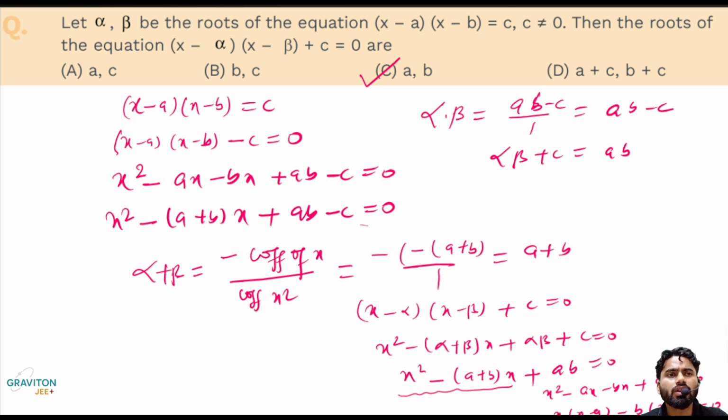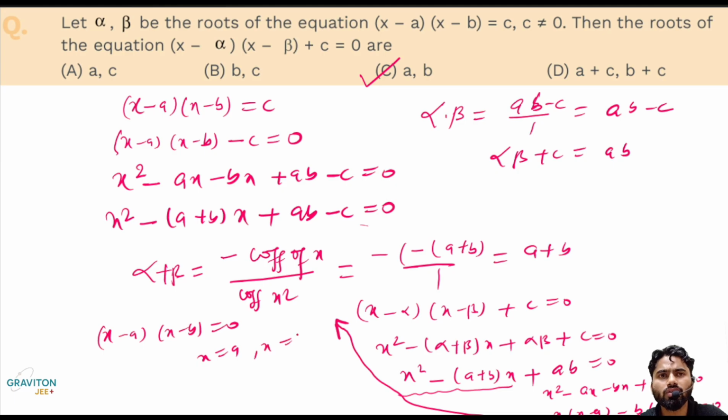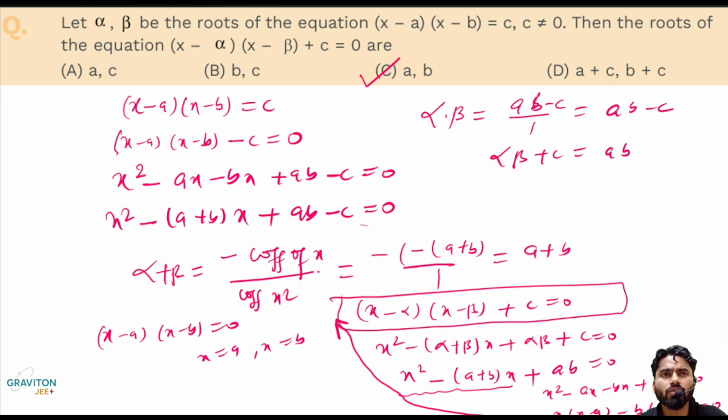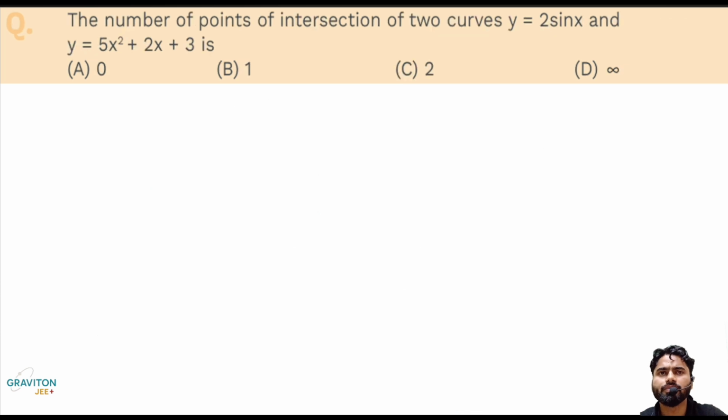Now again take x minus a common. So this will become (x minus a) into (x minus b) equal to 0. So from here you will get x equal to a, x equal to b as the roots of this equation. So you can do it either by that way or by this way.